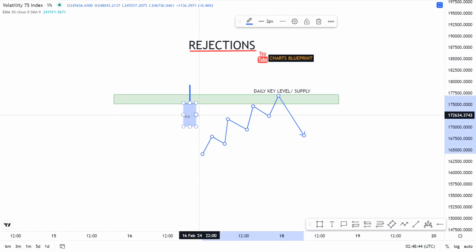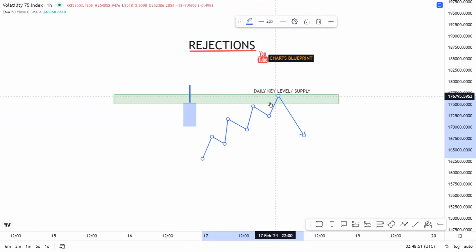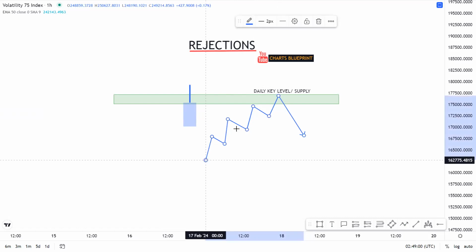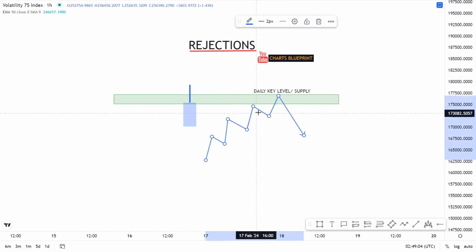So on getting to the hourly time frame, you will notice as soon as we tap into the daily supply level, we would have had to see the hourly time frame print us a bullish structure. And then this is where we want to wait to have a structure shift, an hourly time frame structure shift from bullish to bearish.